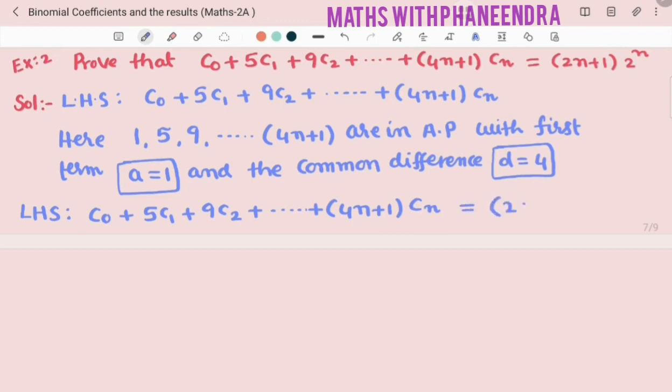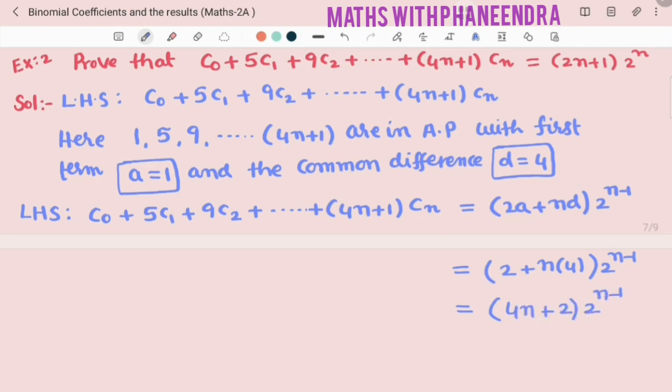What is that formula format RHS? (2A plus ND) into 2 power n minus 1, which is equal to, A value 1, so 2 into 1 plus ND, n value n only, D value 4, so n into 4, 2 power n minus 1, which is equal to (4n plus 2) into 2 power n minus 1.